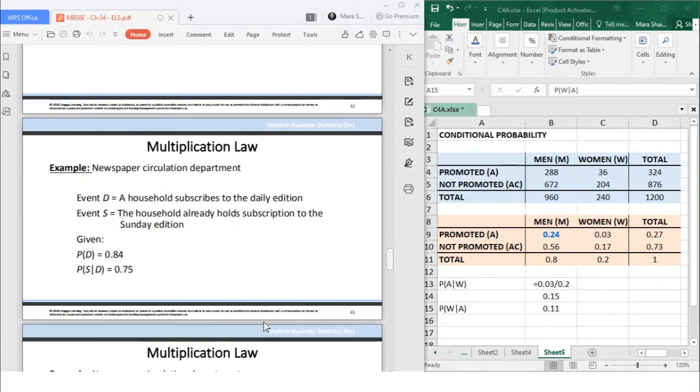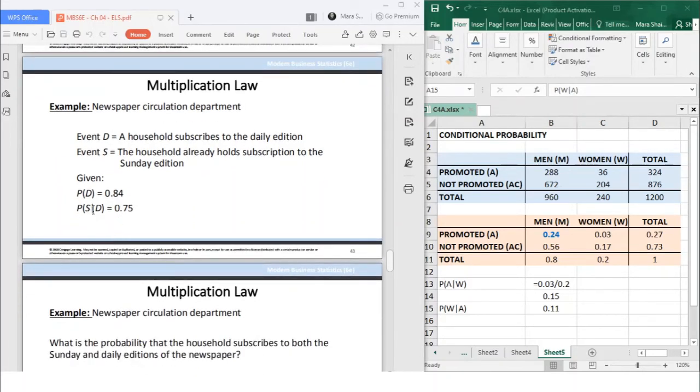The probability of event D is 84%, and the conditional probability of S given D: what is the probability that the household already has the Sunday edition, given that they also subscribe to the daily edition? So, everyone in front of you already has the daily edition. If you pick one, the probability that the one you pick is subscribed to the Sunday edition is 75%.